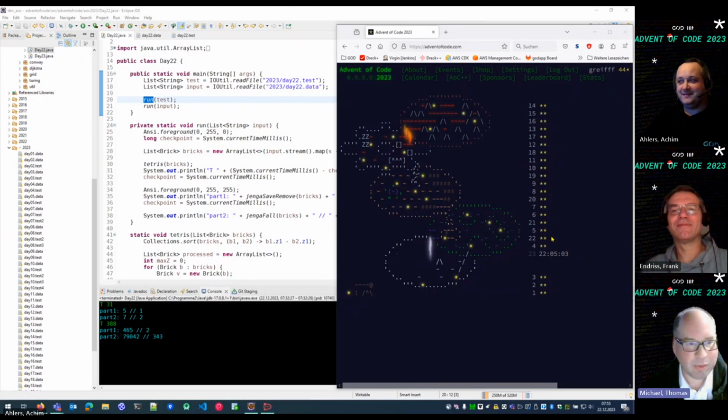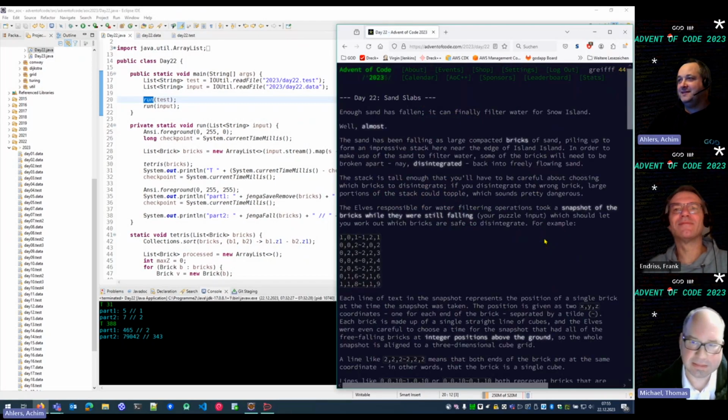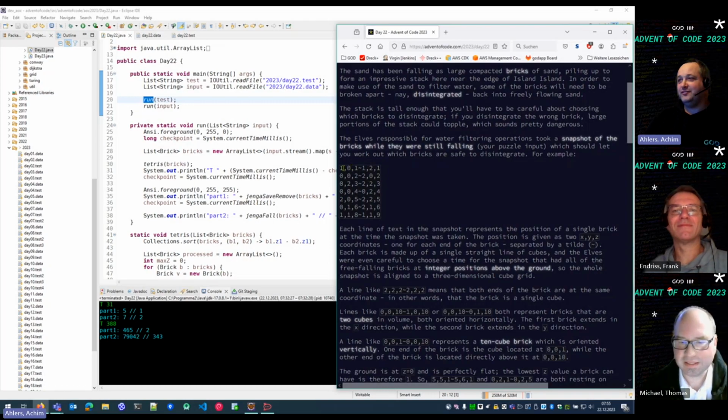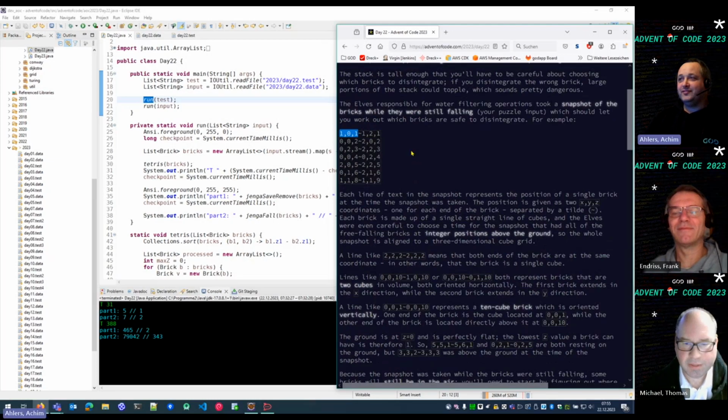Achim, can you explain the riddle for today? What is the puzzle? So we're given a list of bricks which have two ends in three-dimensional coordinates. The first part of part one is these bricks are falling down and we have to stack them up.